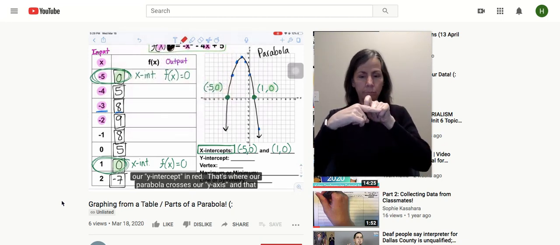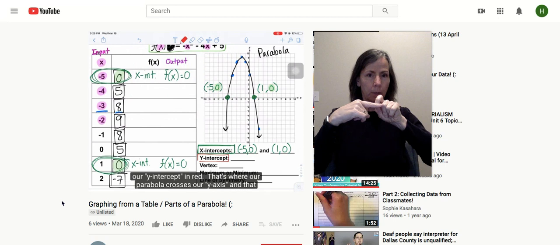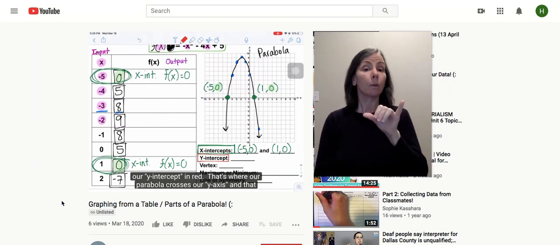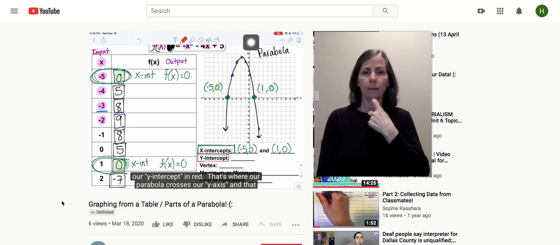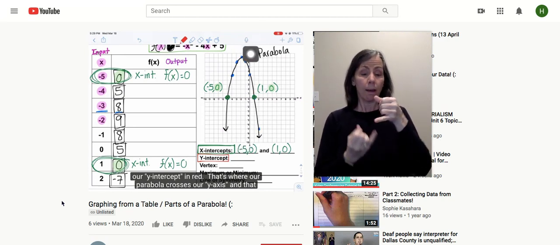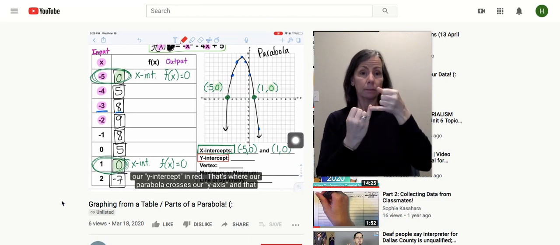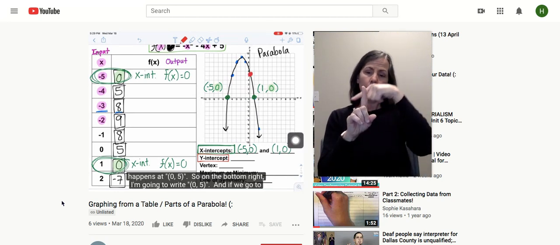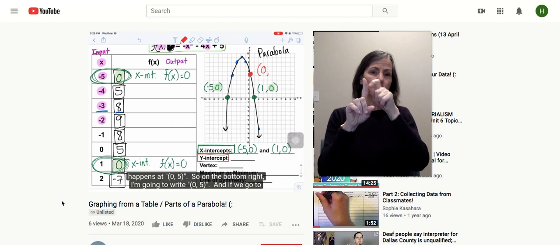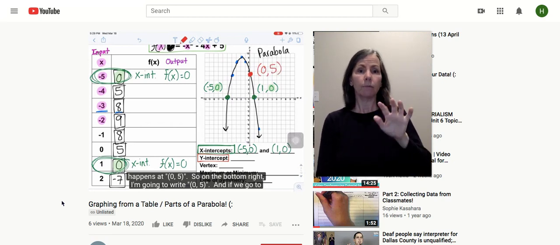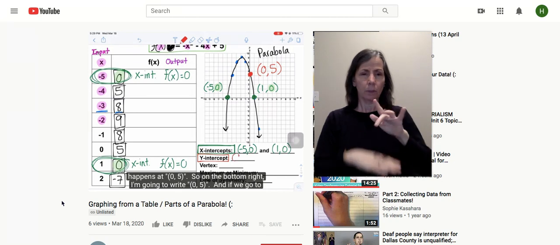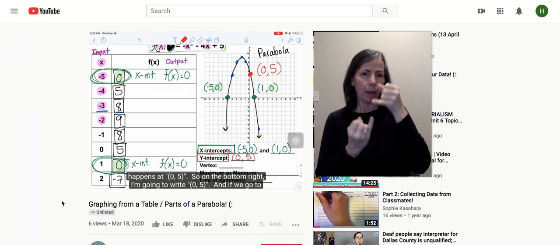We're going to do our y-intercept in red. That's where our parabola crosses our y-axis. And that happens at 0, 5. So on the bottom right, I'm going to write 0, 5.